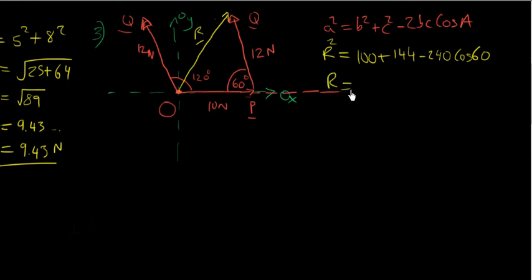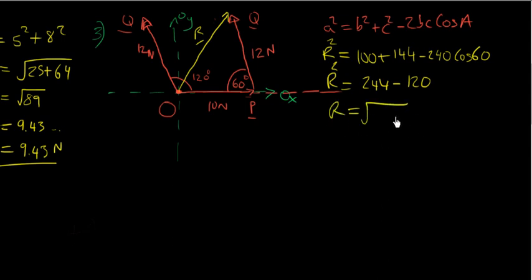And therefore R squared would equal 244 minus 240 times cos 60, and cos 60, I think it's, yeah, it's a half, times 240 is 120. So in other words, R squared is equal to 244 minus 120.